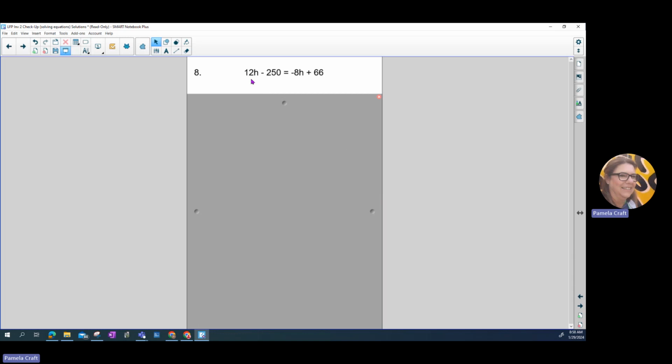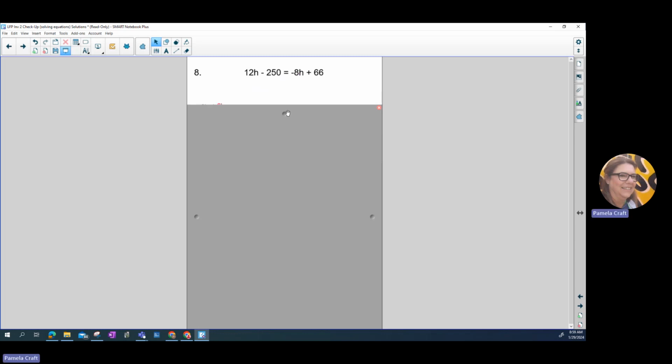Last one, we have 12H minus 250 is equal to negative 8H plus 66. Again, you can subtract 12H from both sides, or you can add 8H to both sides, whichever one you want to get to a 0 on one side. You want to get rid of all of your variables on one side.